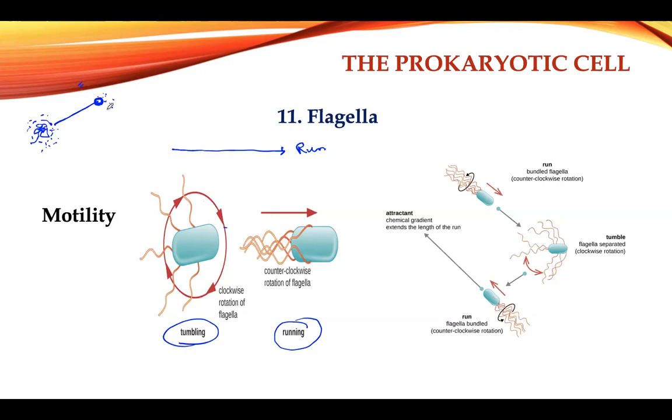They start rotating their flagella clockwise, and they will start taking a turn, and then at a certain point they will start moving their flagella anti-clockwise again, and they will go straight. So that's how they move every time. What they do is a short run, then tumbling, then run again, then tumbling. It's very funny and very interesting to look at their movement under a microscope.